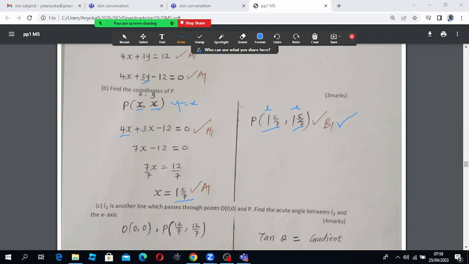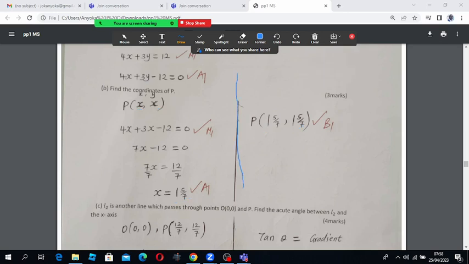No. Exactly where? Where you are saying P equals (x, x). Okay, let's get back. We are doing the analysis part of the equation.